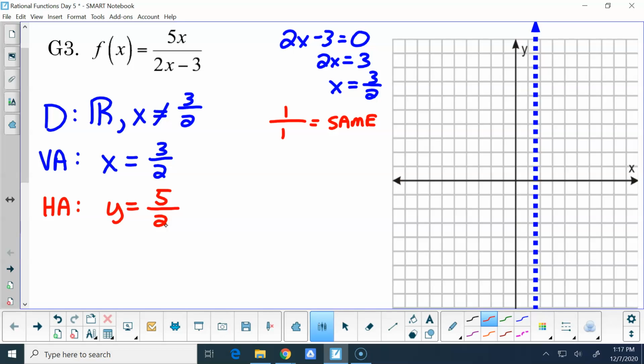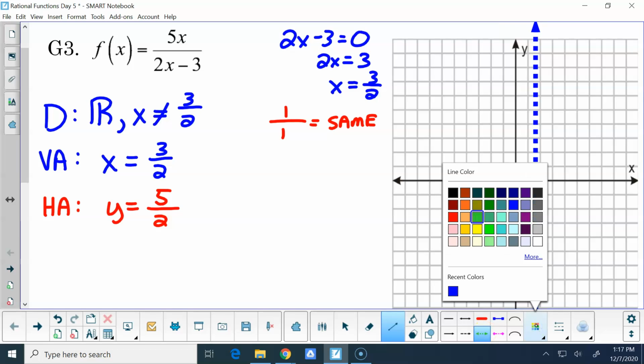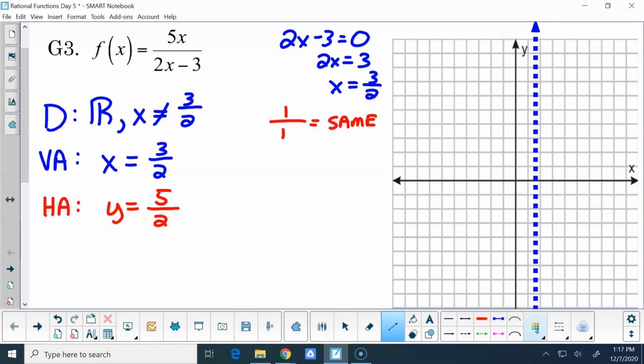So it's got to be in line form. Watch out for your cone, man. Will do. Okay? That also goes on our graph as a dashed line, but now it's a horizontal line. So 5/2 is 2.5. So there.